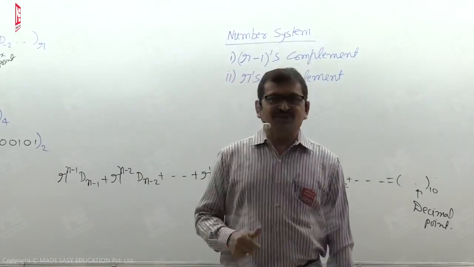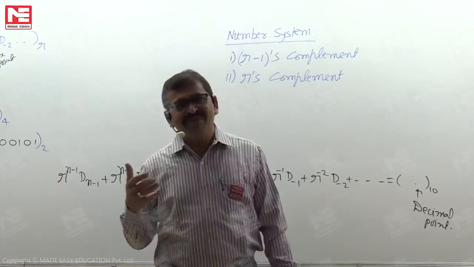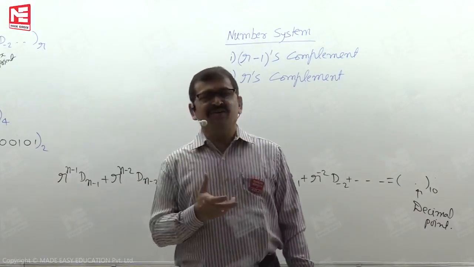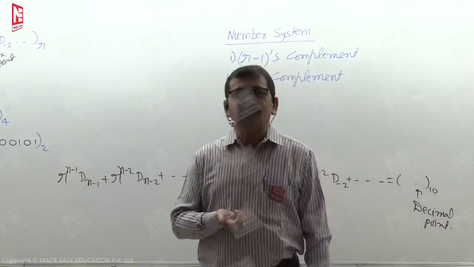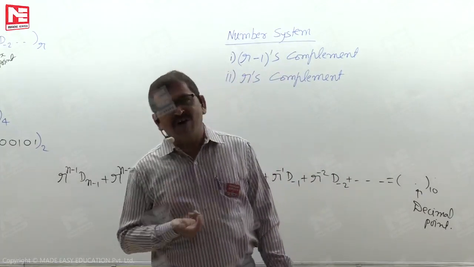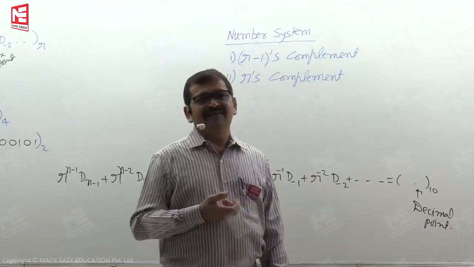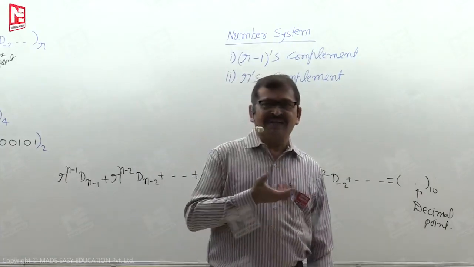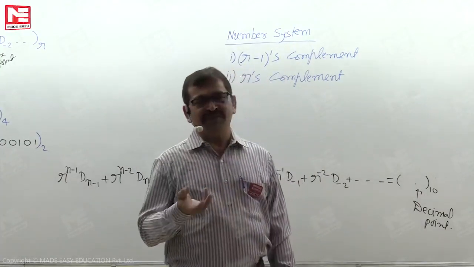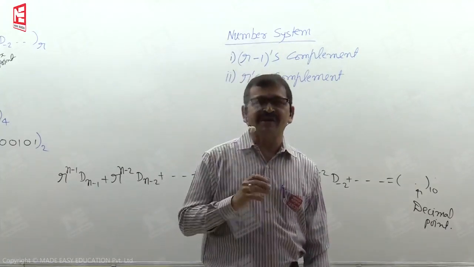Based on the little knowledge you might have learned in college, you are supposed to give the answer. These complements are needed in any number system basically to simplify the subtraction operation. The concern in learning these complements is basically to simplify the subtraction operation.